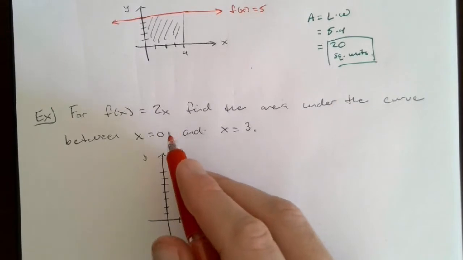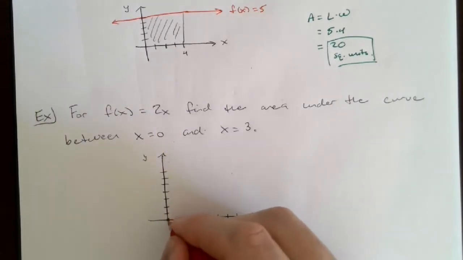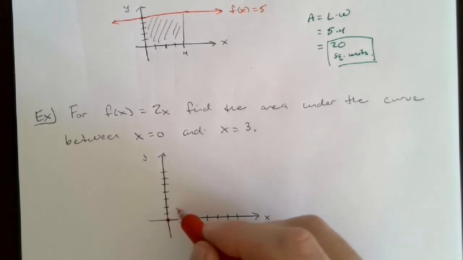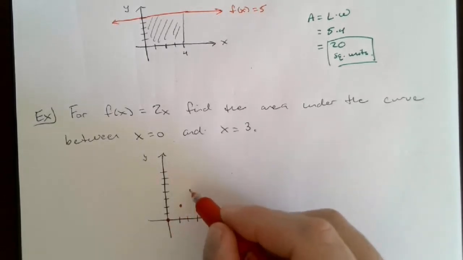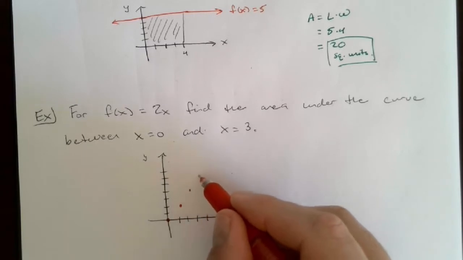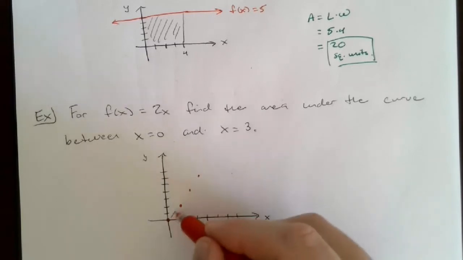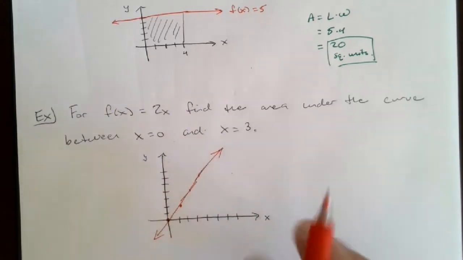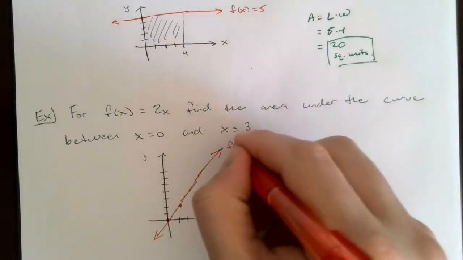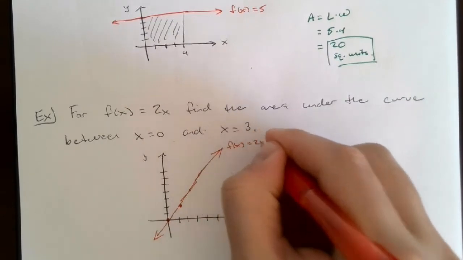So the y-intercept would be 0, right? 0, 0. And the slope will tell you to go up 2 over 1. And you want to be accurate, so you would do a few of these, up 2 over 1, up 2 over 1. And then this would be our function, f of x equals 2x.